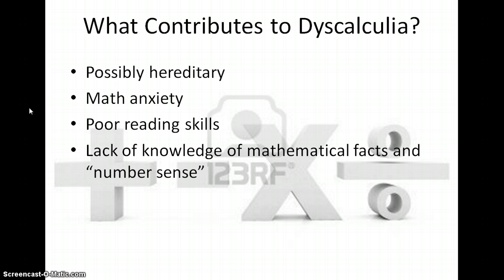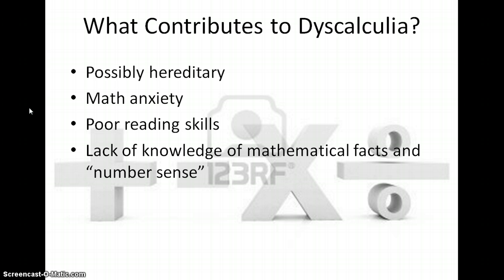There are the poor reading skills: if a student can't read a problem and know what the problem is asking, if it's in some kind of text form, then they're going to have no chance to even try to put what they know from the math of the problem into practice, and you've set them up for failure already.